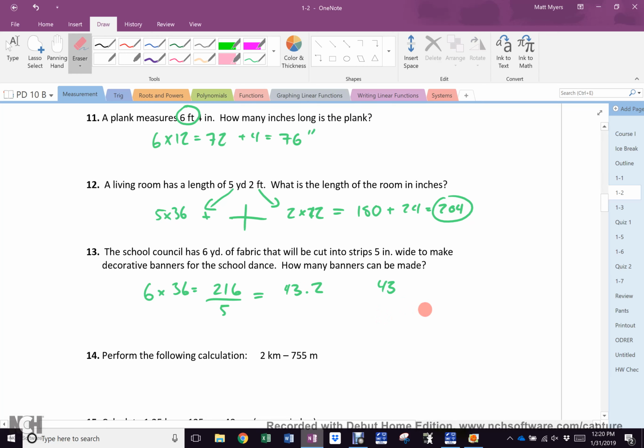Now, how will I mess with your head on this? On a multiple choice test, choice A would be 43.2, which would be what you would see on your calculator. And 10 to 15 of you, and then choice D would be 43.